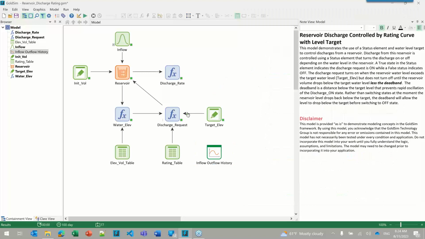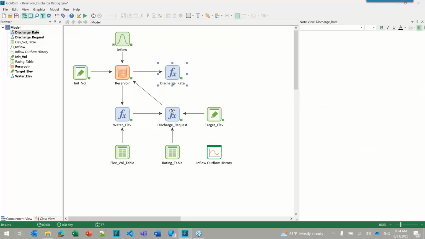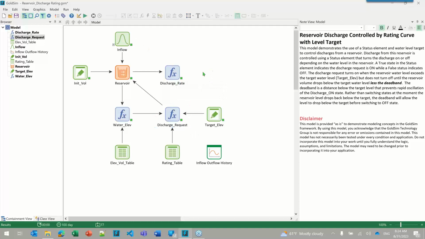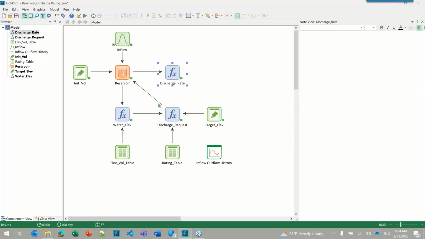But I also wanted to make mention that we have two different elements here that are dealing with the discharge. One is a discharge request, and the other one is a discharge rate. And the reason I make the distinction here is because I feel it is important.